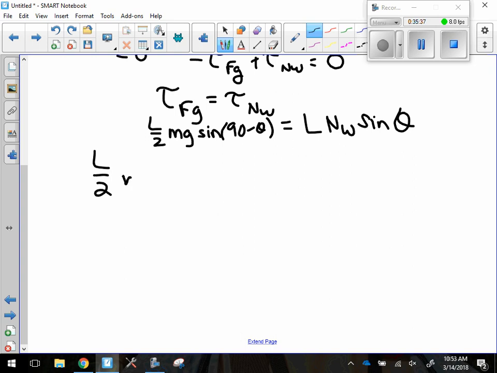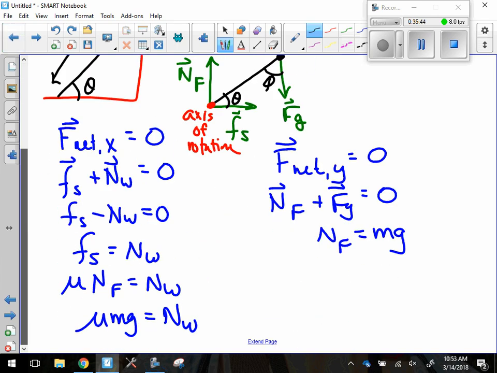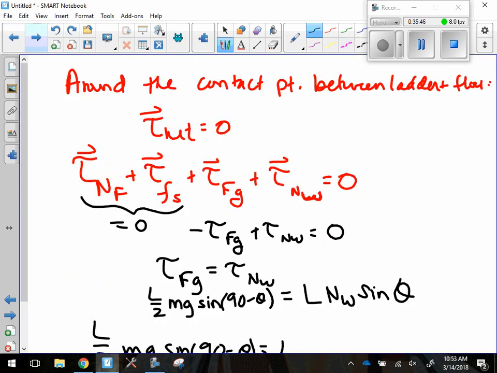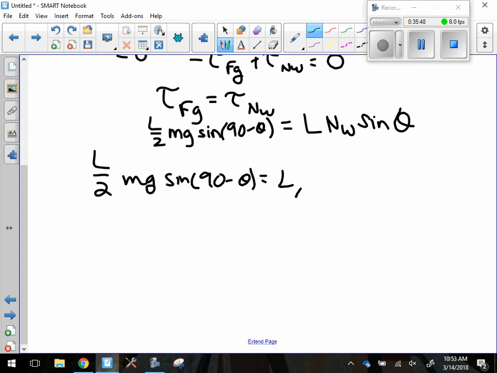So, I've got L over 2 times mg sine of 90 minus theta equals L times Nw, and Nw is mu mg, times sine theta. I can cancel the L's. I can cancel the mg's.